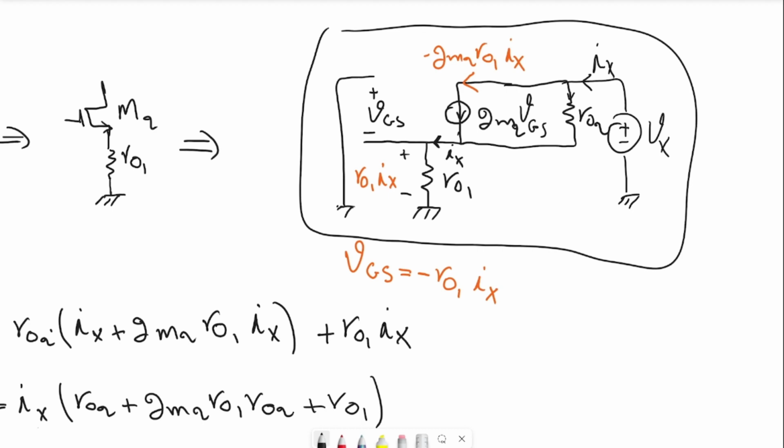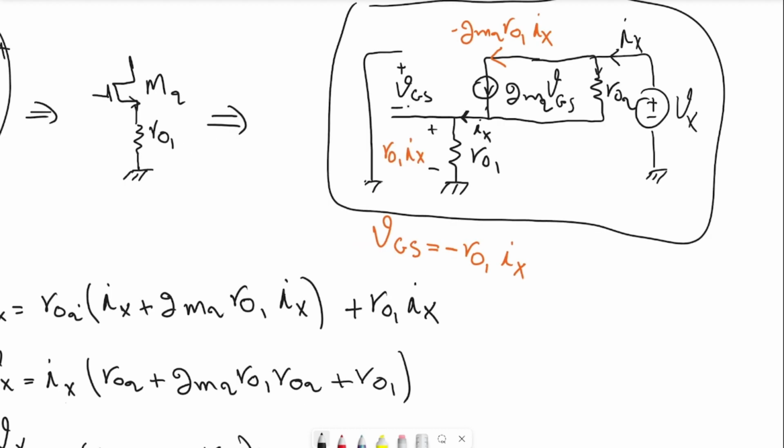So Vgs is minus the voltage across ro1, which is ro1 times Ix. So Vgs is minus ro1 Ix.